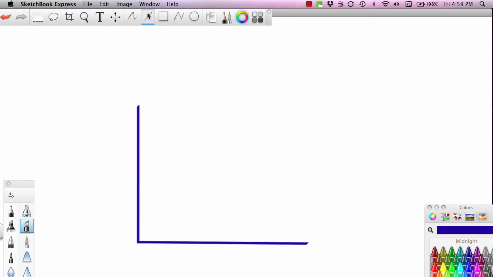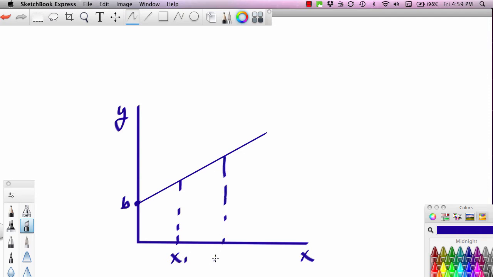And I'll put this in here, and then I'm going to call this the y-axis, I'm going to call this the x-axis, and this is called B. The y-intercept in algebra is generally called B. The slope of this line, remember what the slope is? x1, x2, y1, y2. So the slope of a line is what? The slope of a line is its what? Is its rise over its run.